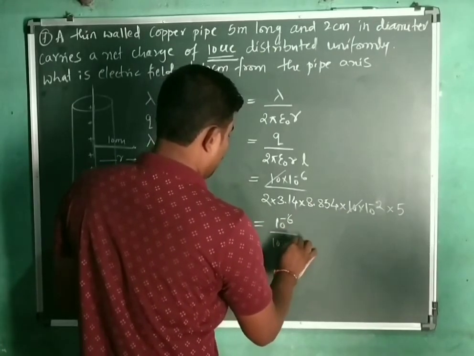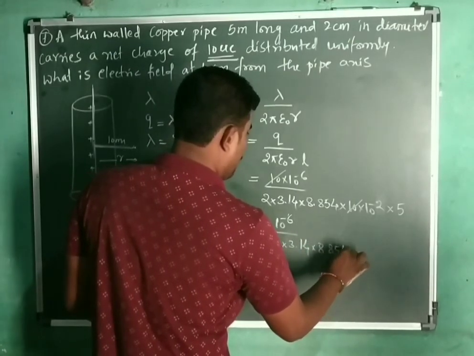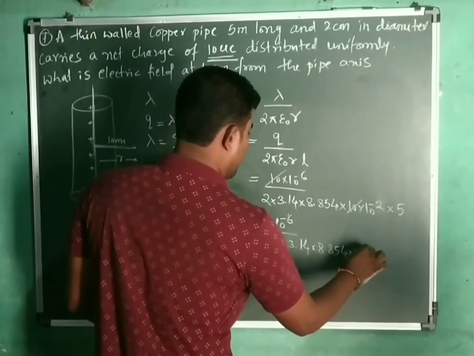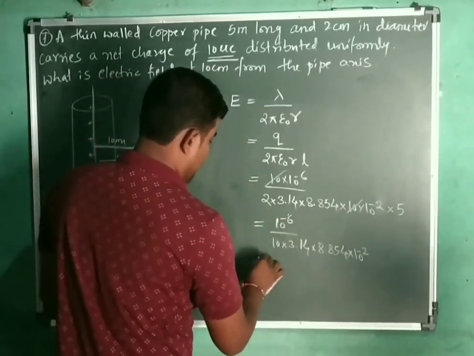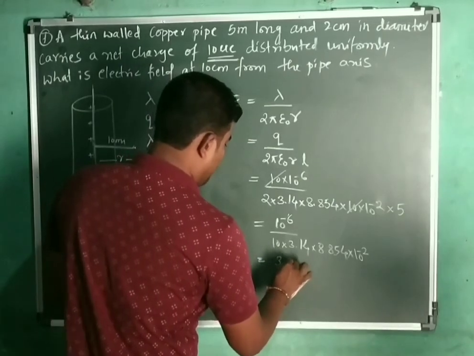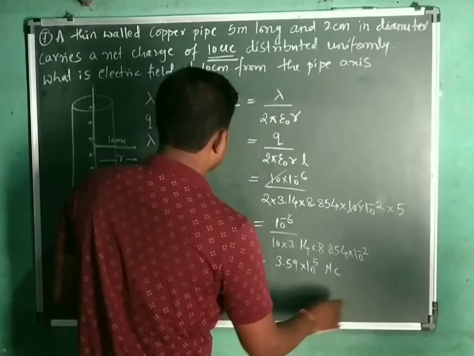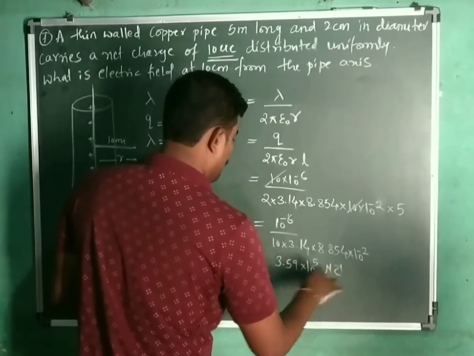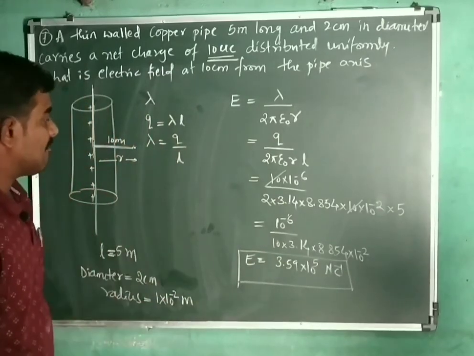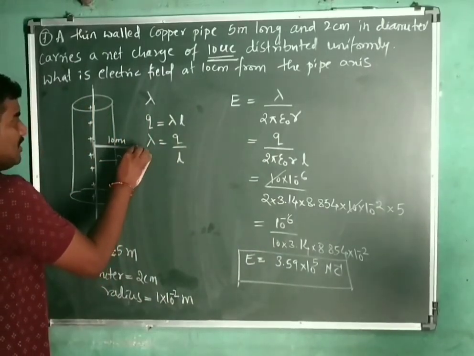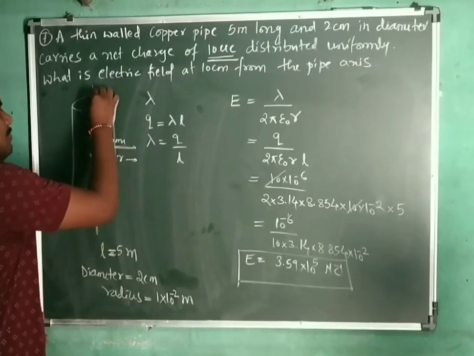Therefore 10 into 3.14 into 8.854 into 10 to the power minus 2. 5 2s are 10. Therefore the final answer will be 3.59 into 10 to the power 5 Newton per coulomb. So this is the electric field at a point, okay, at a distance of 10 centimeter from the pipe axis.